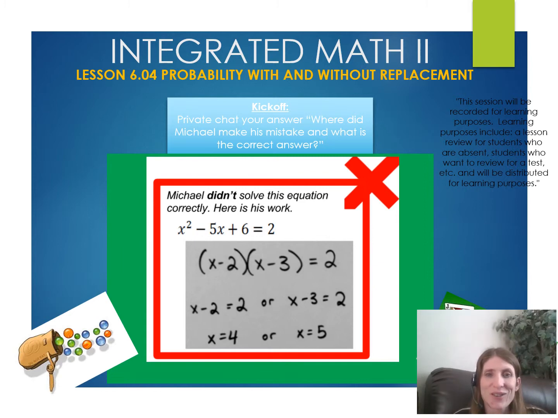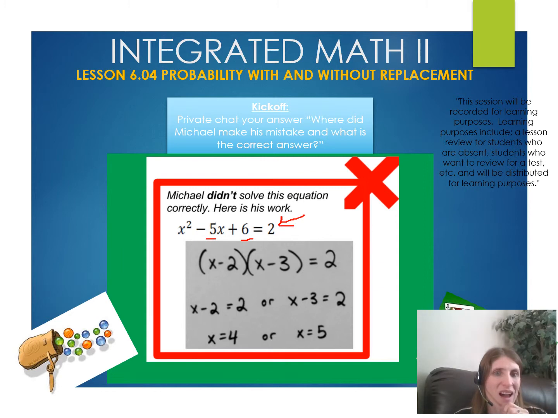Okay, students, hopefully you had enough time to pause and that you came back and you're joining me now. So remember when we do a problem like this and we're looking at factors of 6 to give us 5, is it okay that we have it set equal to 2? Is that okay?